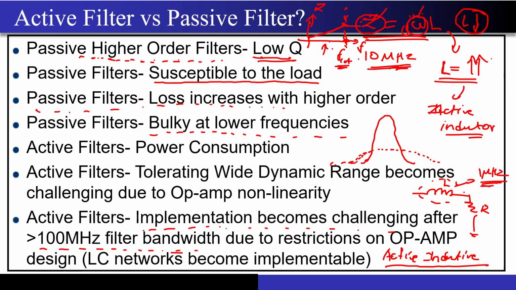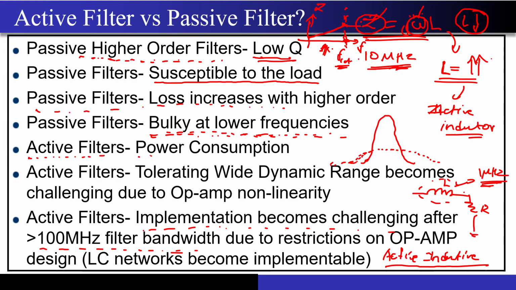I am saving a hell of a lot of area by using the active inductor. So that is why, though passive filters are very bulky at low frequencies, you use active inductors to make sure that you meet a reasonable performance, but at the same time consume less area.